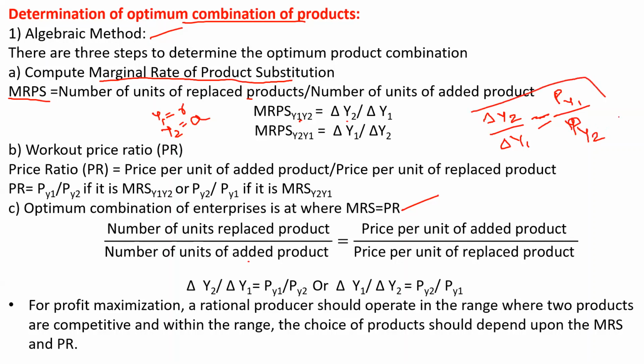So at this level there is optimum combination of output produced. Now for profit maximization, a rational producer should operate in the range where two products are competitive, and within the range the choice of product should depend on the MRPS, sorry, marginal rate of product transformation, and price ratio.